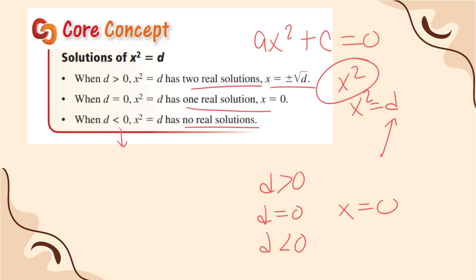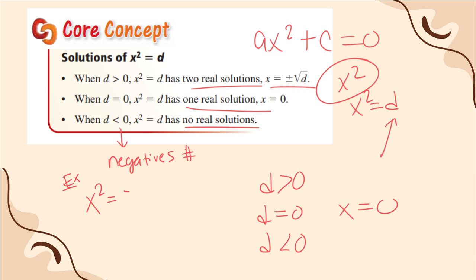So think of these as your negative numbers, but only when you're left with x squared equals, let's say, this is an example, negative 2.